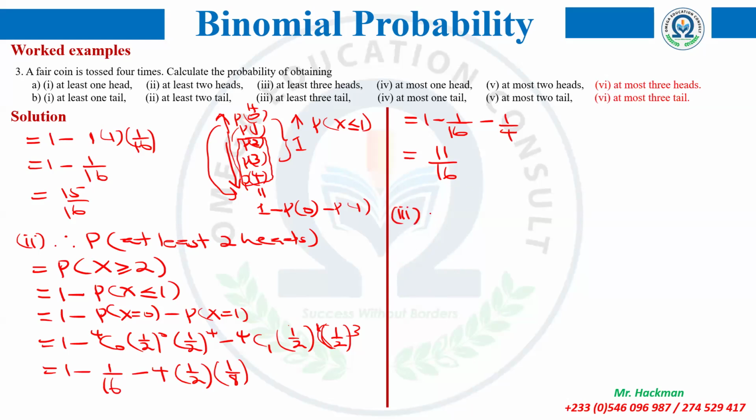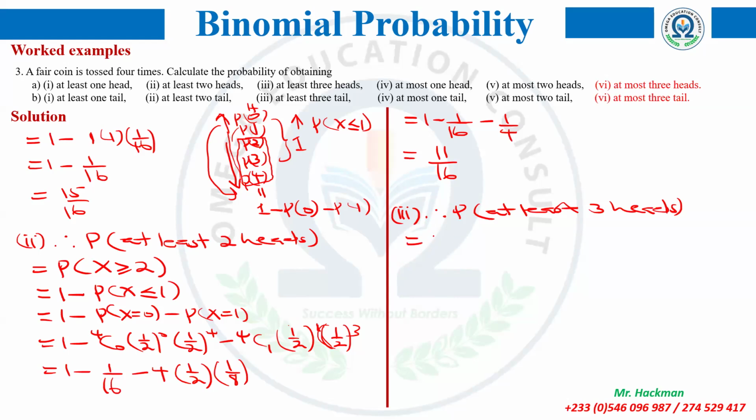Okay, so what are we looking for? P at least, right? You are still with the at least. At least 3 heads. So give me the direct inequality.